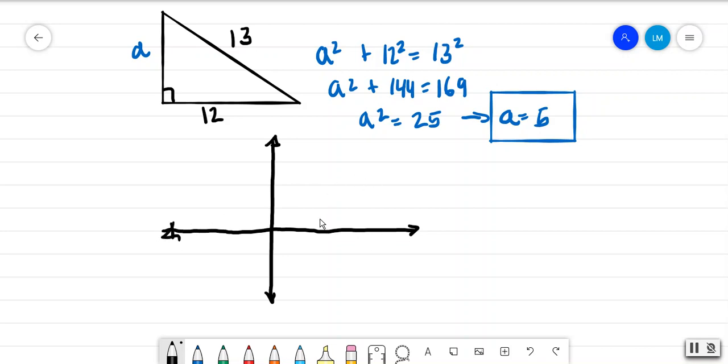Suppose that we had a triangle in the x and y plane, and specifically a right triangle.